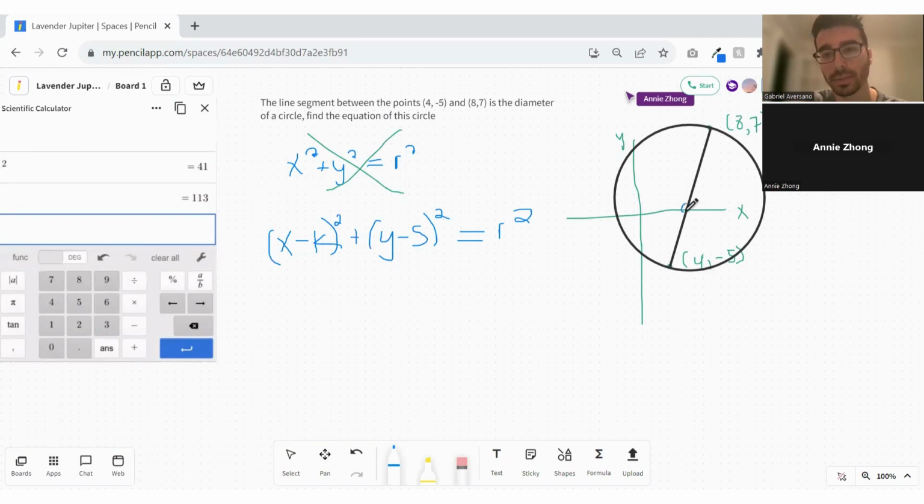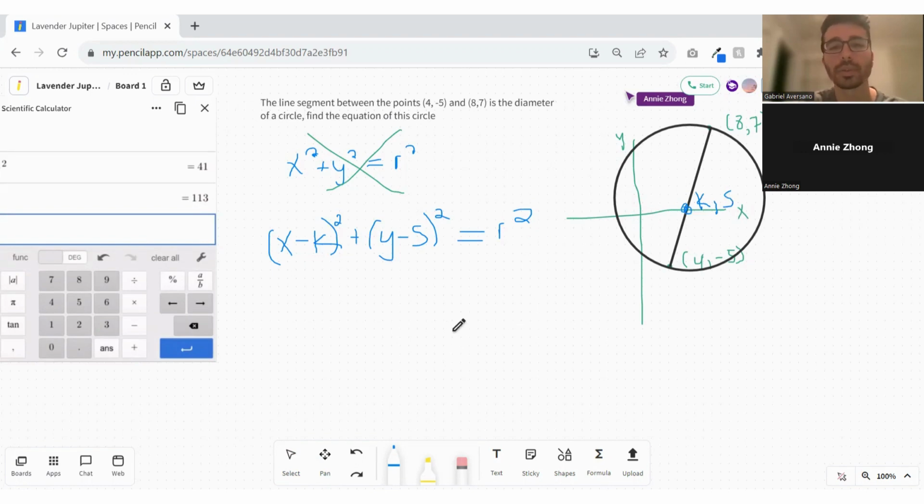So the first step is to find h and k, which are the x and y coordinates of the center of the circle. And then we'll try to find r and plug that all in to get our equation.